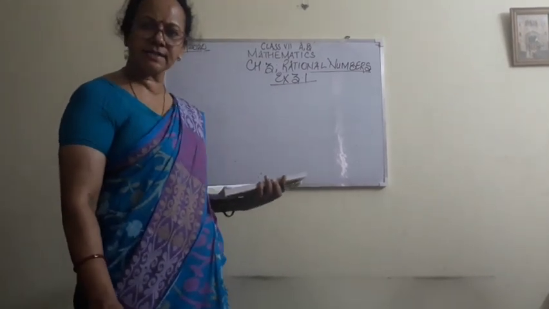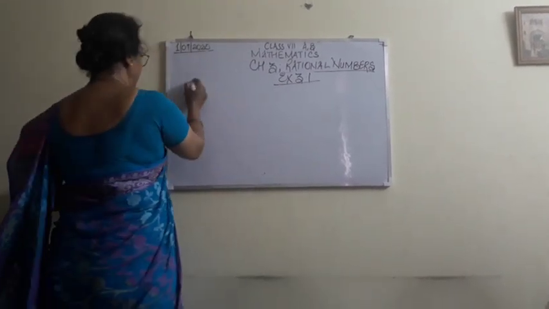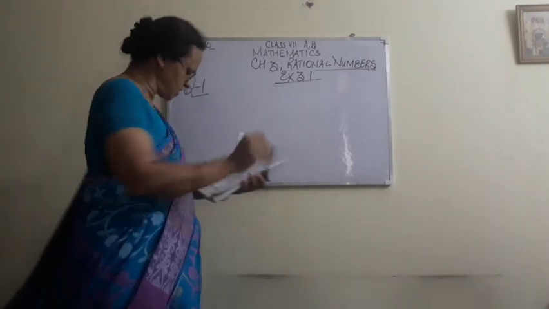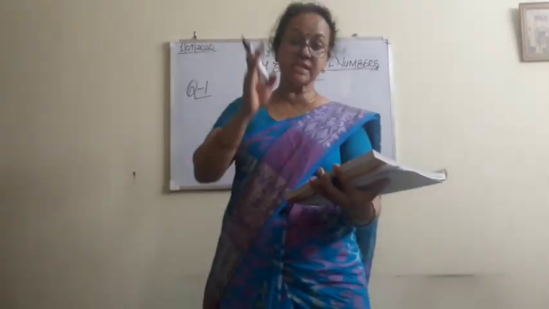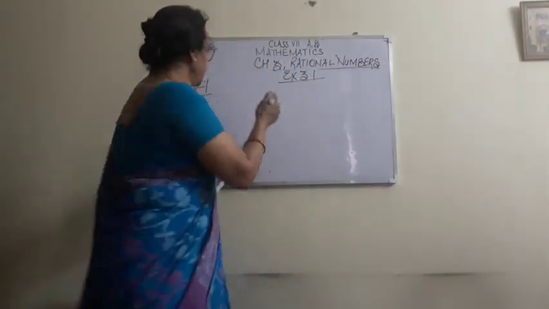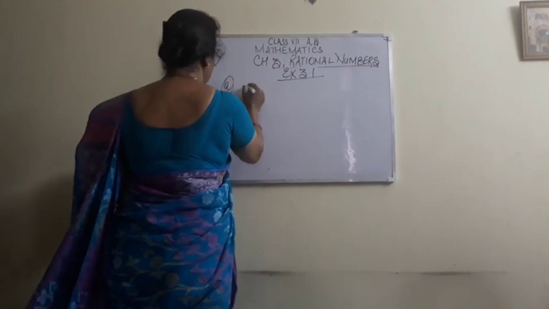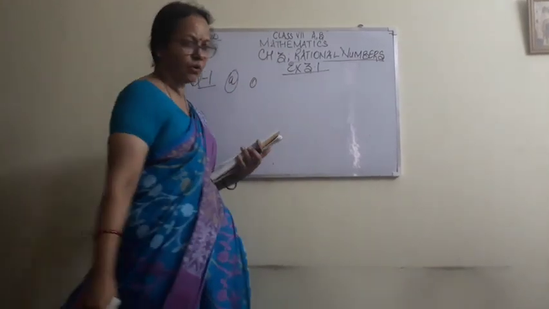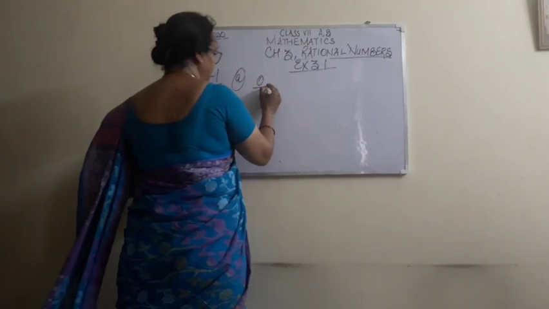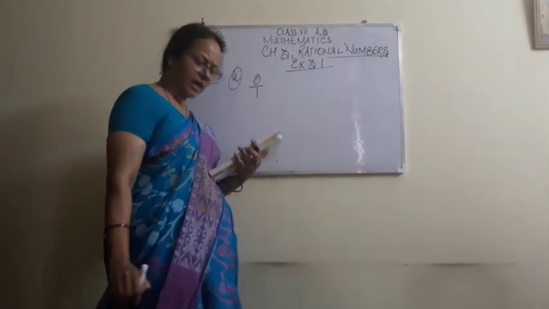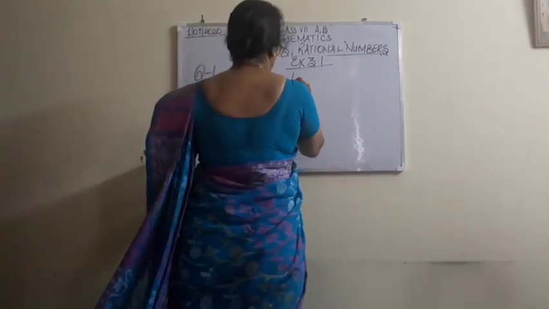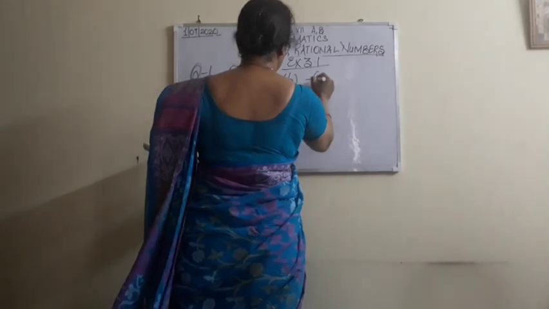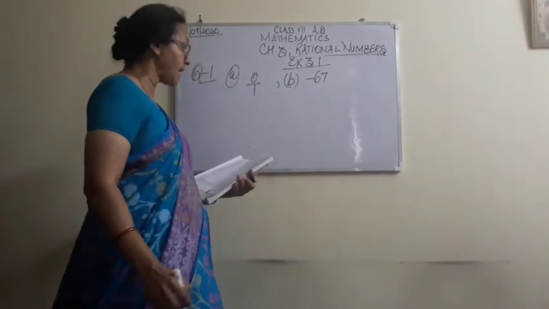Students, we are starting exercise 3.1. Question number 1. Write the following as rational numbers. We are going to write down as a rational number 0. If only 0 is written, as a rational number, what will it be? 0 by 1. Okay? If minus 67 is written, what will we write as a rational number?